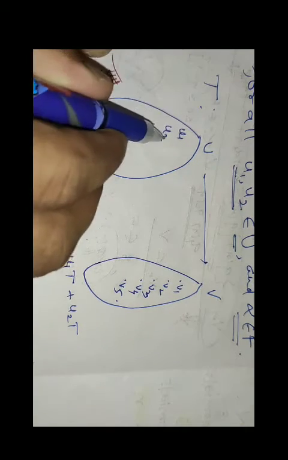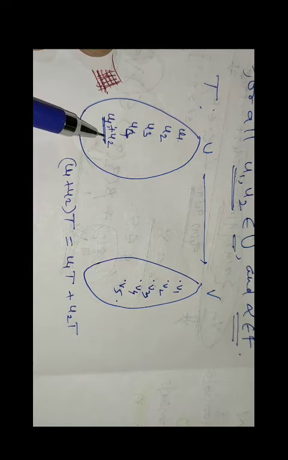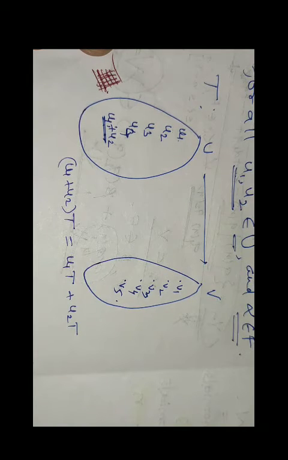Whatever u1 plus u2 is, its image equals the image of u1 plus the image of u2. Since U is a vector space, the sum of any two elements again belongs to U. So if u1 is there and u2 is there, then u1 plus u2 is definitely there.